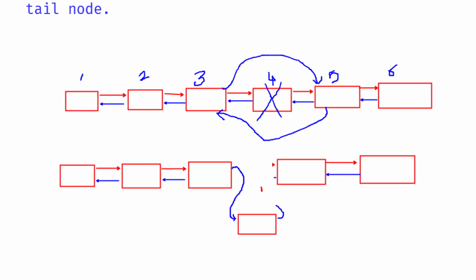This new one's next will point to this one. And this one's previous will point to this new one, and the new one's previous will point to the previous one. Tell me, guys, what is added now in between? New node. New node is added.